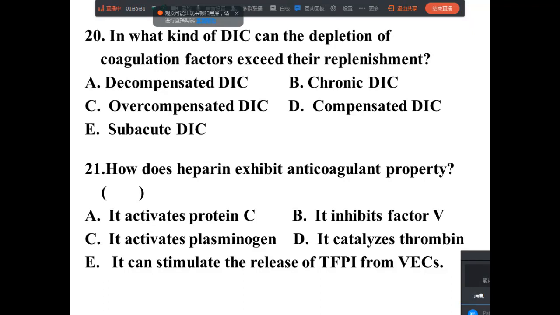Now, decompensatory. Now hyperemia can stimulate release of TFPI.